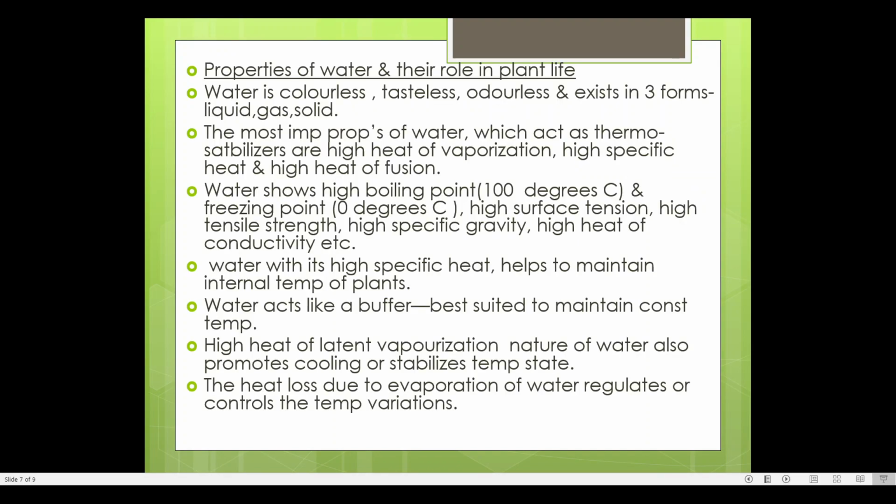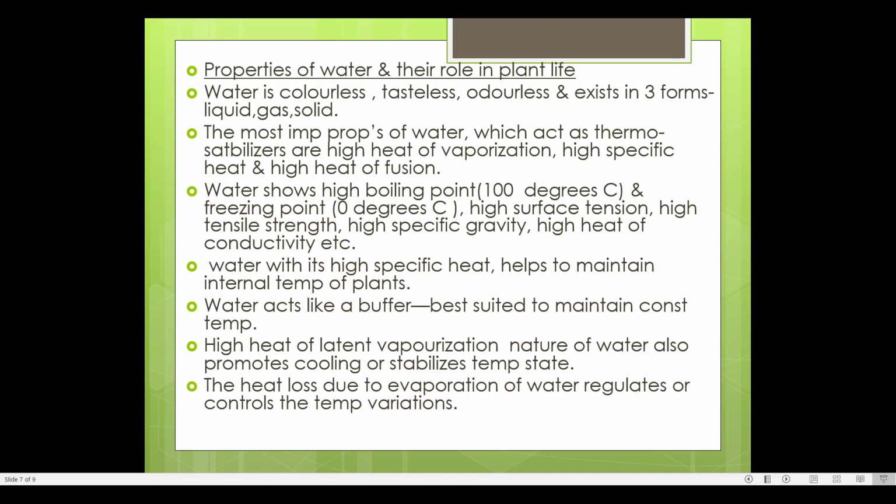Coming to the properties of water and their role in plant life. Water is a colorless, tasteless, odorless solvent and it exists in all three states: gaseous, liquid and solid. The most important properties of water which act as thermostabilizers are high heat of vaporization, high specific heat and high heat of fusion.